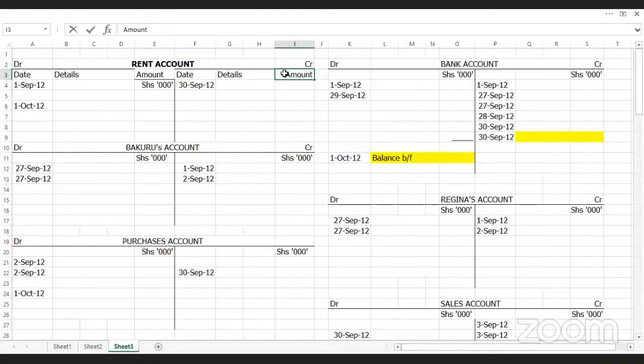Remember, the amounts are in shillings thousands, according to our information. The level of rounding off is shillings thousands, so I'll also maintain that.